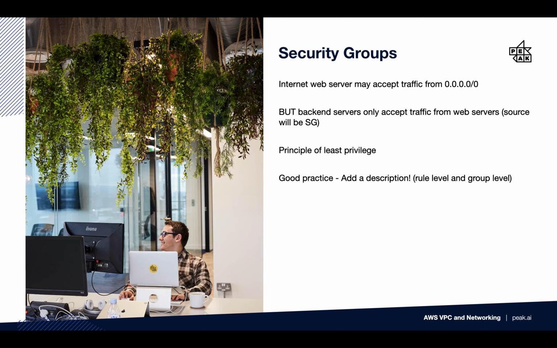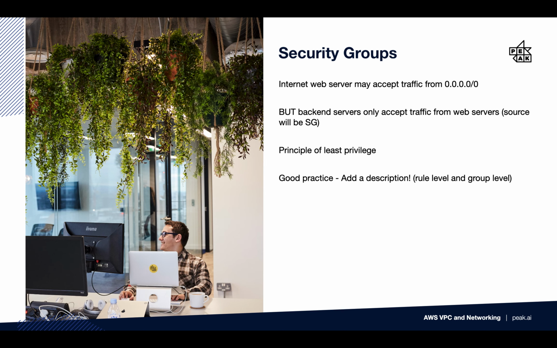Another good practice is adding descriptions. So labeling your security groups and even your rules within the security group. So anyone that is debugging, maintaining, just finds a security group and wants to know what it does, you can add a description to that.